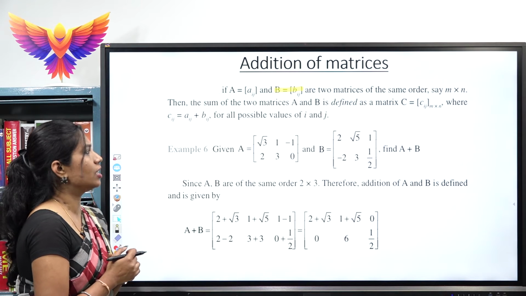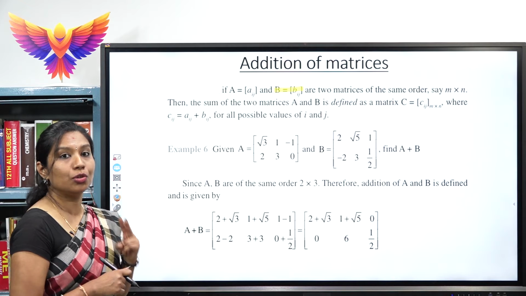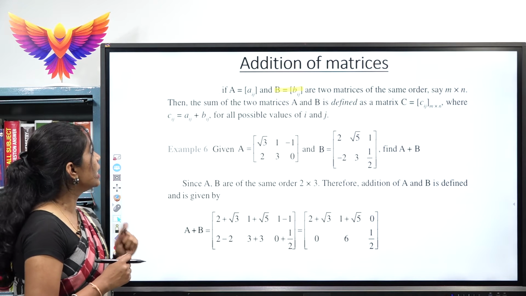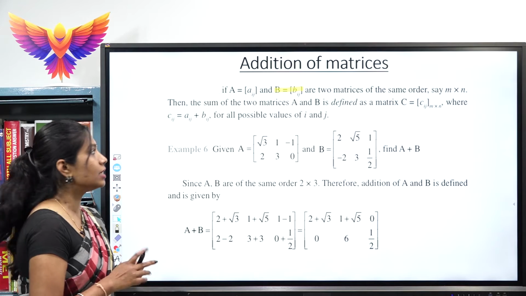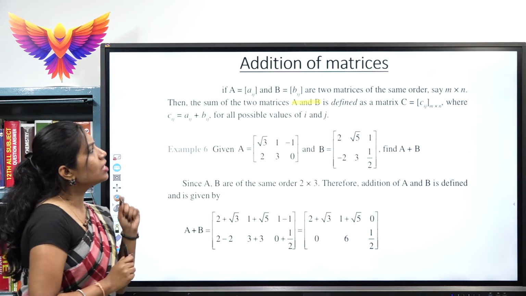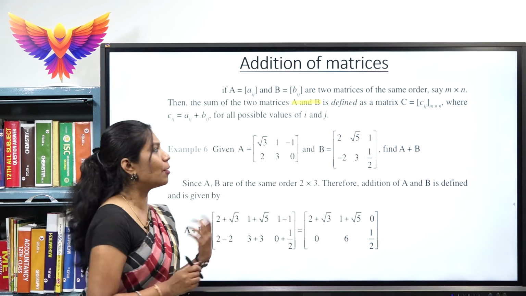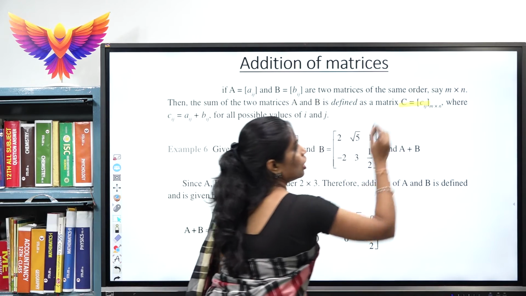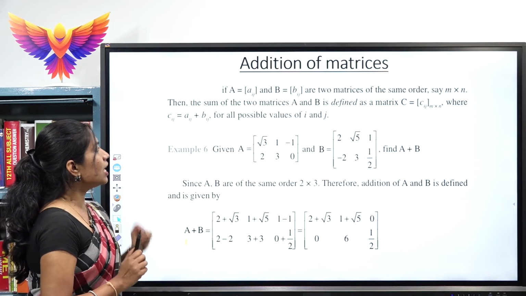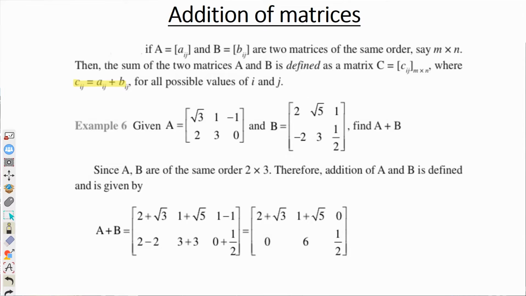So, the definition says that if A equal to Aij, B equal to Bij are two matrices of the same order, say M cross N, then the sum of two matrices, that is A plus B, is defined as another matrix, say I am calling it C. C is equal to Cij with order M cross N, where Cij is nothing but the element of matrix A plus the element of matrix B.